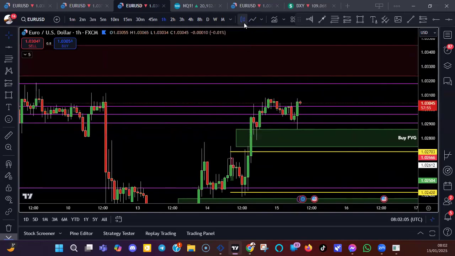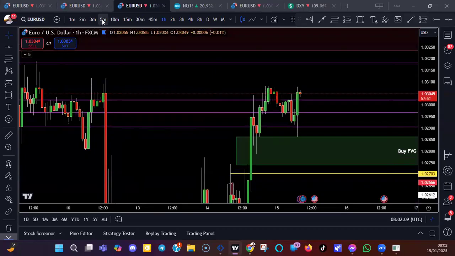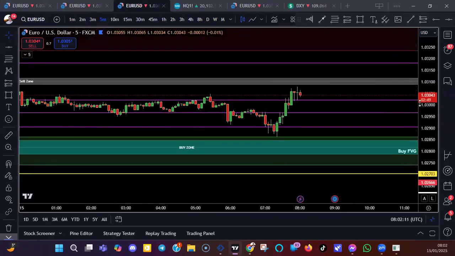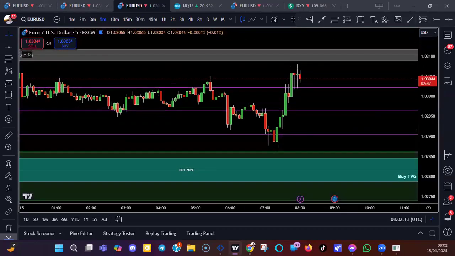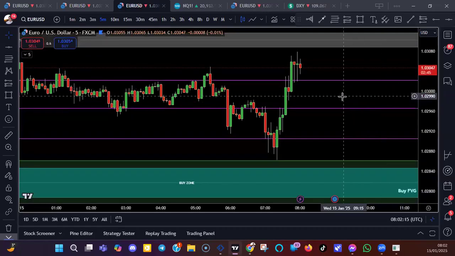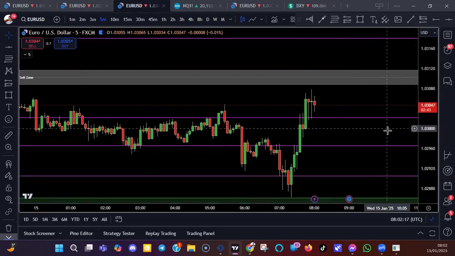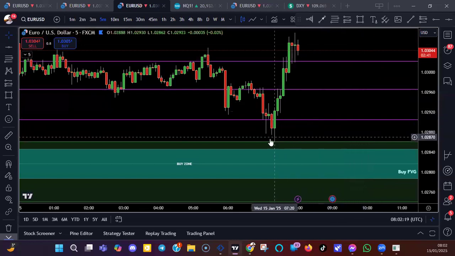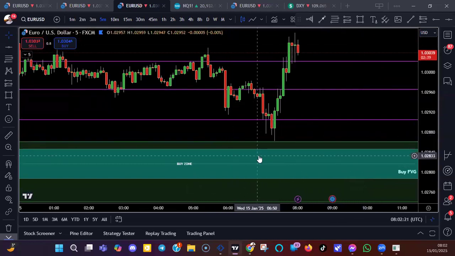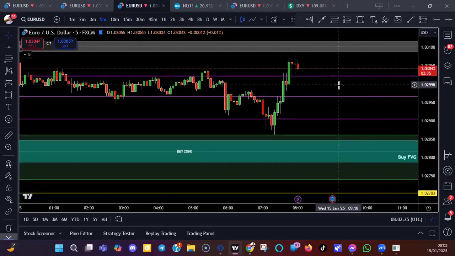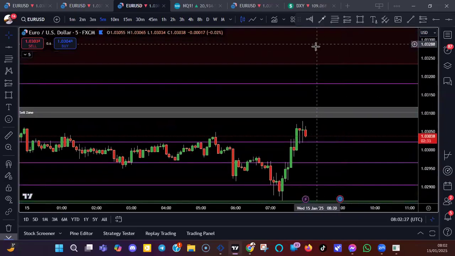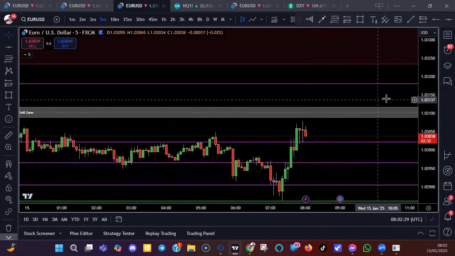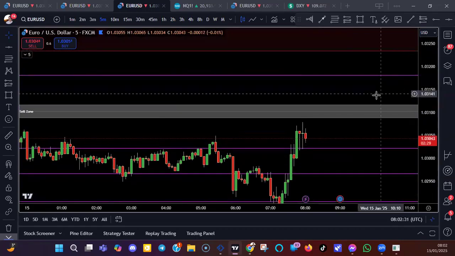Putting our candles back on, going down to the 5 minute. So we got all these areas of interest showing up here. Has price come down to tap into this buy zone again? Or will it carry on up through this sell zone? No matter.